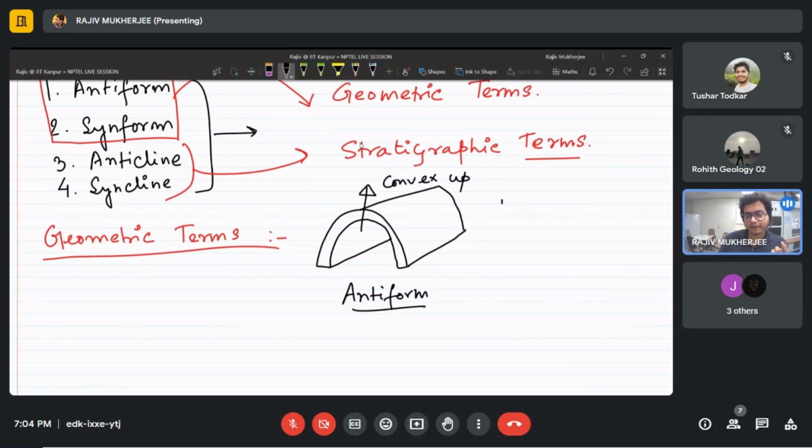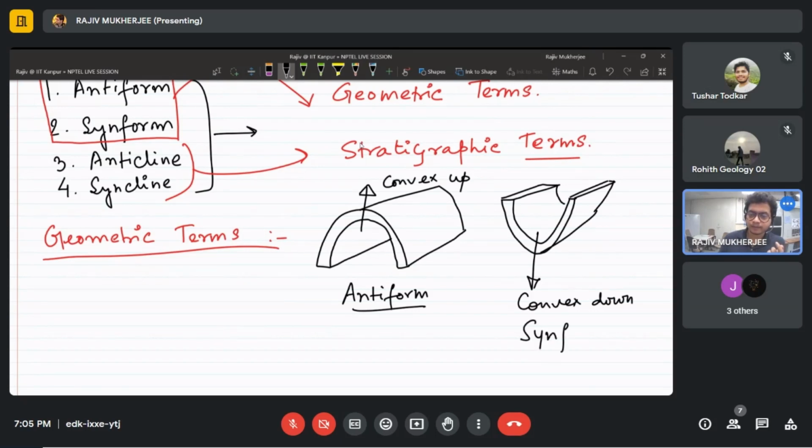And similarly, if we have a convex down or concave up structure, then this is synform, right? But this has nothing to do with the age of the rocks or the age of the sediments, whatever it is.